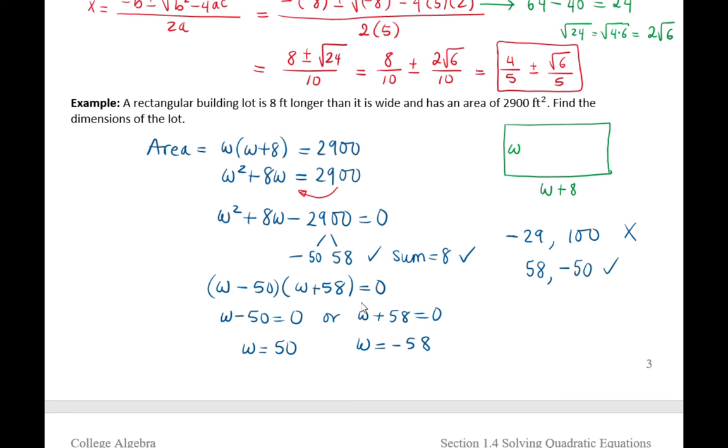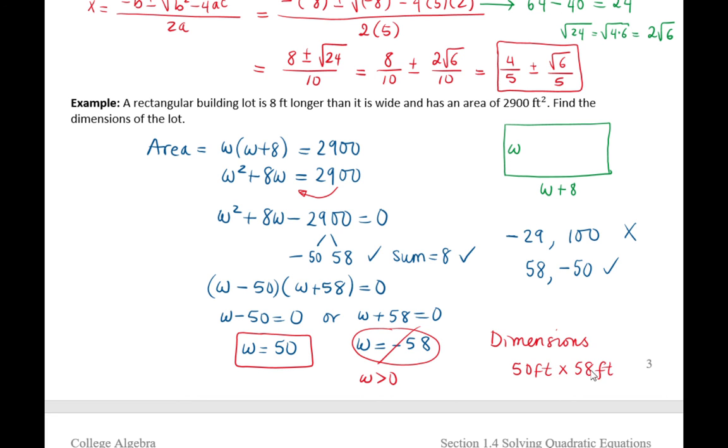Now, as you see, W is the width, so it can't be negative because W is positive. That's the width. So the width needs to be 50 feet. Since the length is 8 feet longer, the dimensions of this lot are 50 feet by 58 feet.